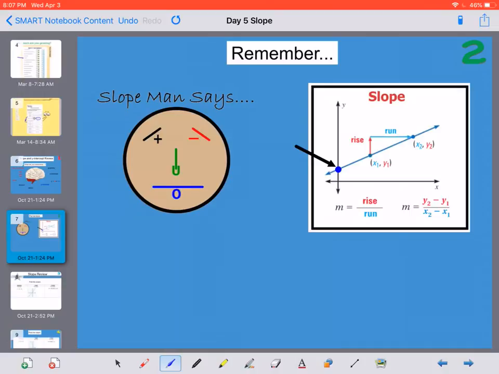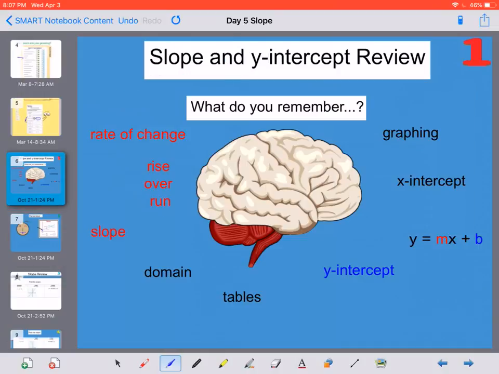So if you think back to what we've done before, what do you remember? Well, we've talked about a rate of change, which is a slope. We've talked about rise over run again, which is slope. We've talked about domain, which is our x values.